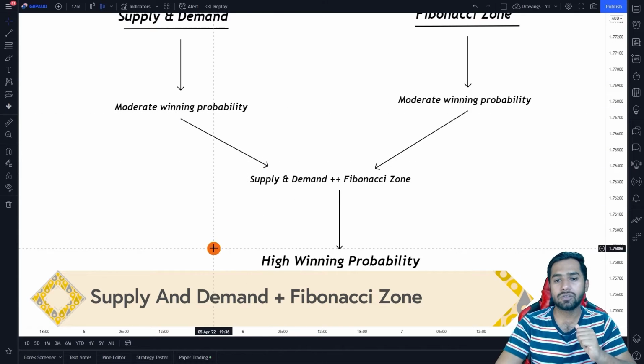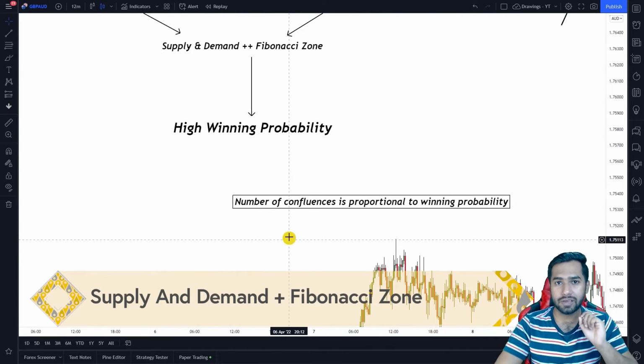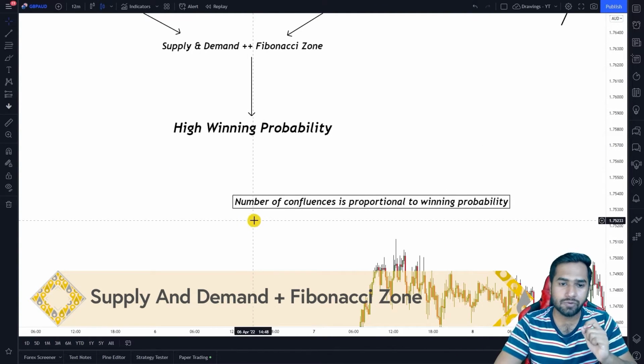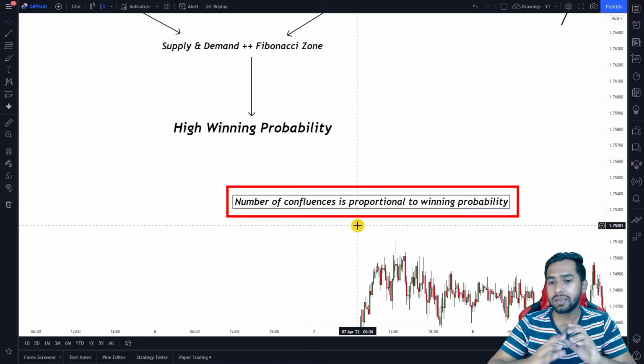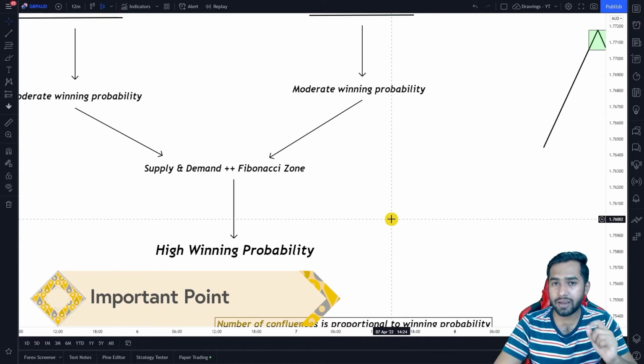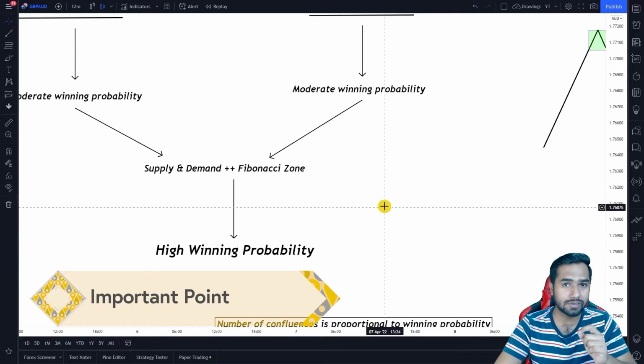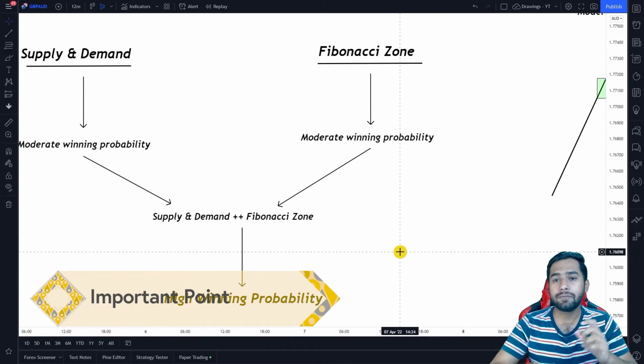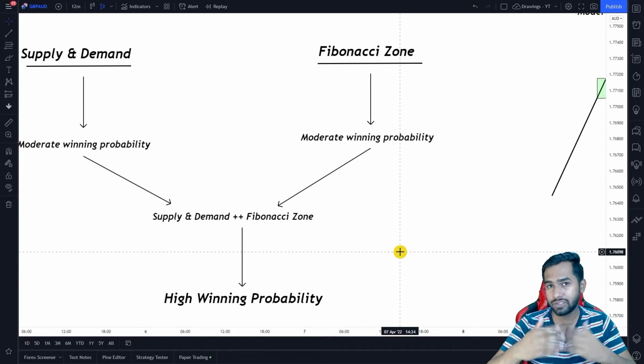Okay, so if we want to make a statement in this video, that would be: the number of confluences is proportional to your winning probability. Now there is one thing that you should keep in mind, that you should not add more than 3 confluences to your trading strategy, because if you keep on adding confluences, the chances of your strategy winning will increase.